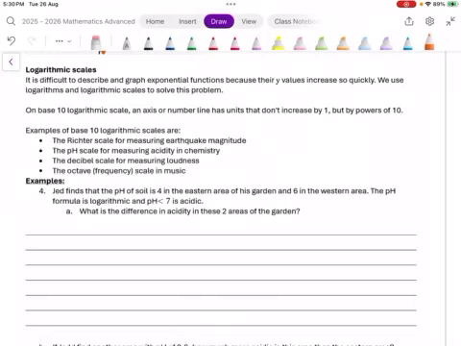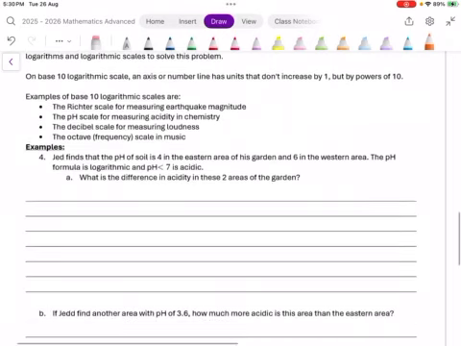We're going to look at pH in the first example. Jed finds that the pH of soil is 4 in the eastern area of his garden and 6 in the western area. The pH formula is logarithmic and pH less than 7 is acidic.